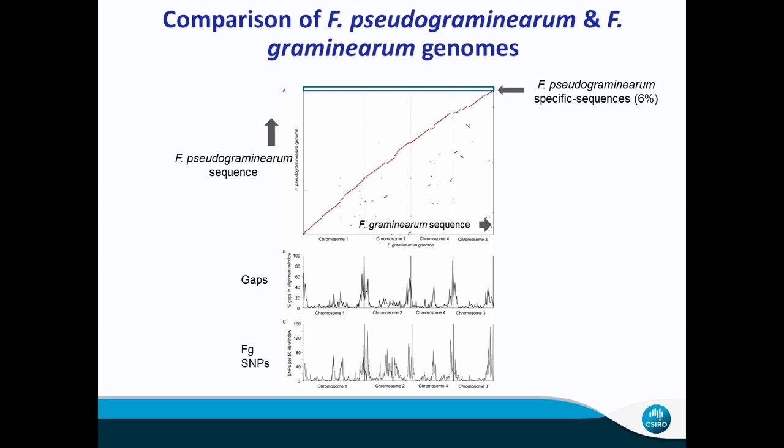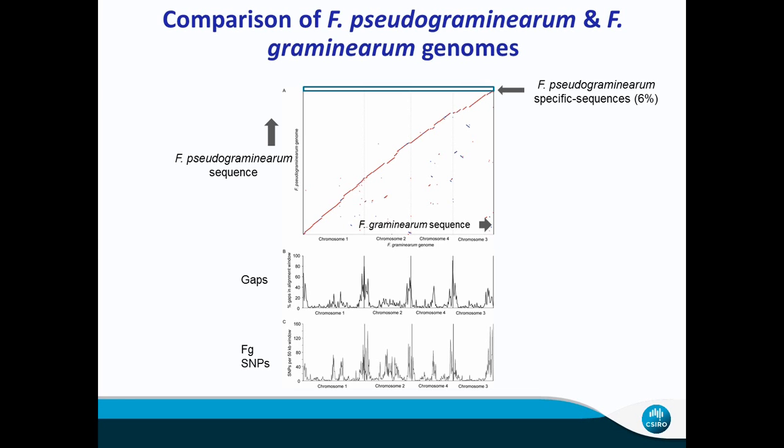The genome of Fusarium graminearum had already been sequenced using traditional sequencing techniques in 2007, I think. And because of the similarity between these two pathogens, our next generation sequencing data can be aligned to the Fusarium graminearum sequence to see how similar they are.